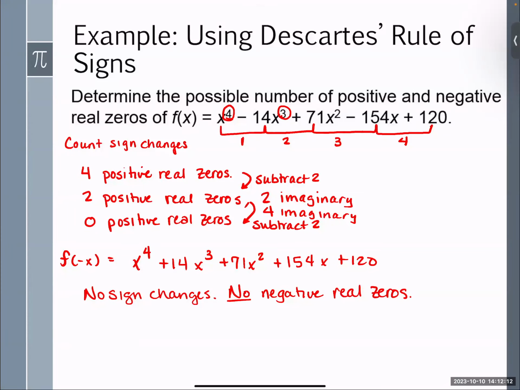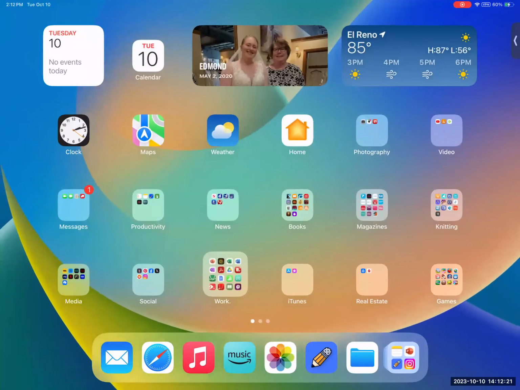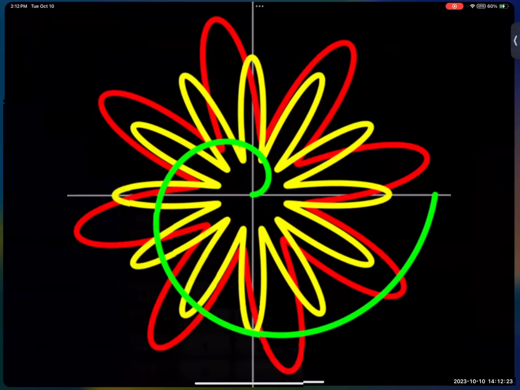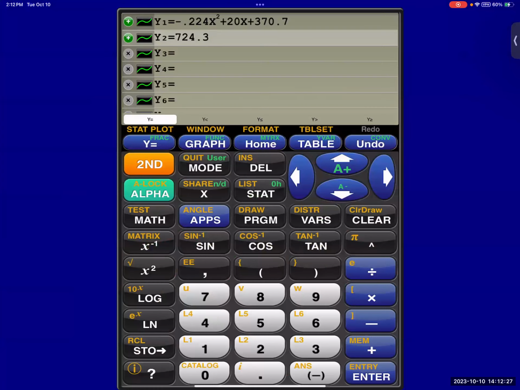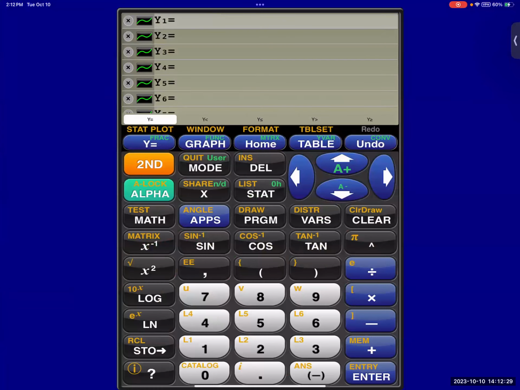Okay, so I can check this out by graphing it. I'm on my iPad here, so I don't really have a very good calculator, but I'm going to open my calculator anyway. And I am going to graph this. Let me clear out what I've graphed before. So I'm going to graph this particular function.